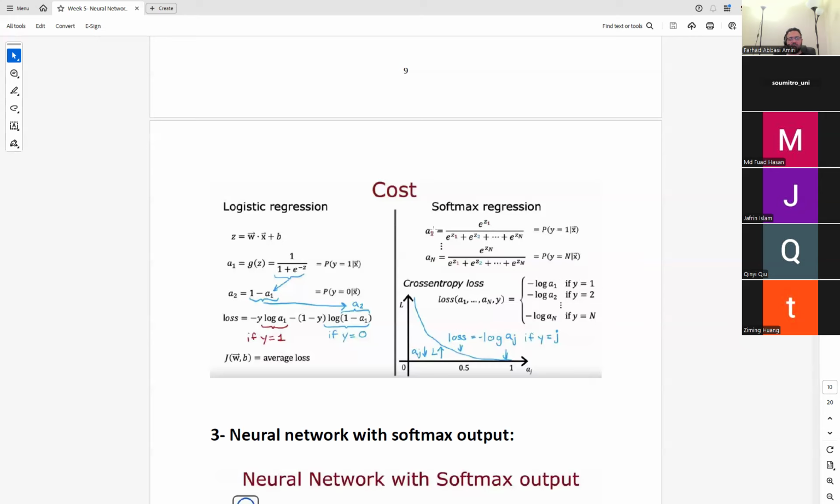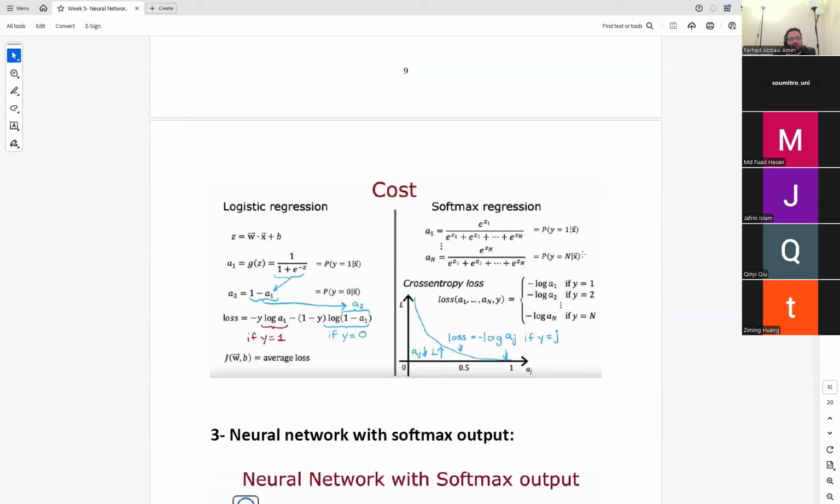If a is very high, it means the probability is very high. It means the probability of, for example, y being 1 is 100%. So it means that your prediction is 100% true. You could recognize that that data is related to one class with 100% accuracy, with 100% chance.